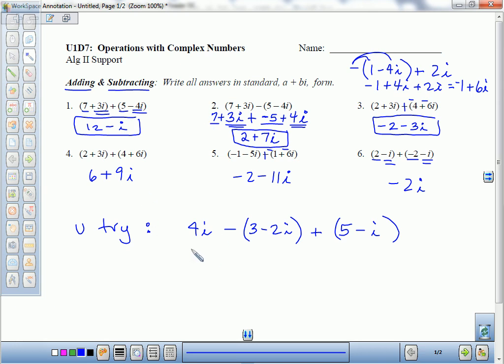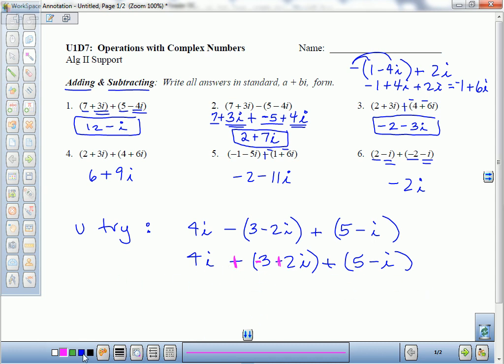Okay, let's take a look at this one. So I'm just going to copy down that first one again. And then I'm going to go through and change my signs where I need to. Okay, so all I did was copy the original problem. Now I see a subtraction. When I see a subtraction, I change it to addition and I change the signs of the complex number that follows. And now I've got all addition.